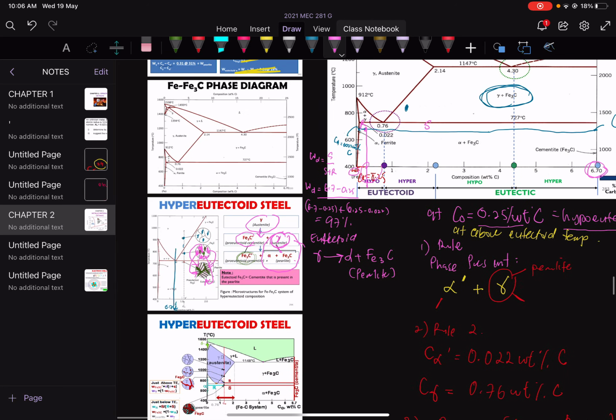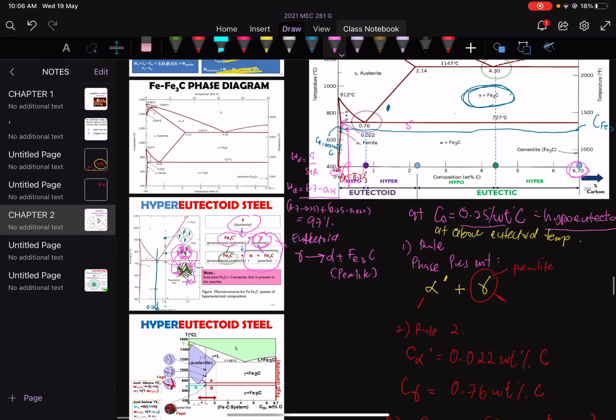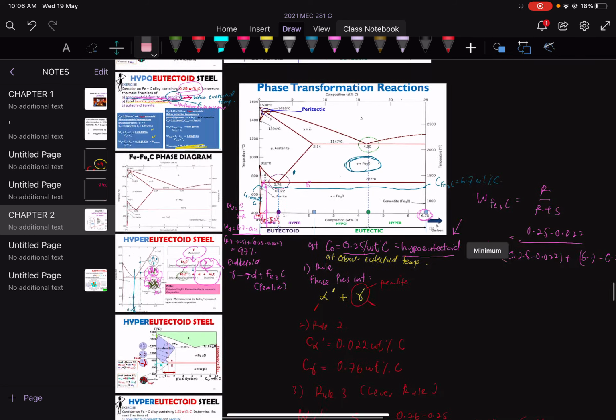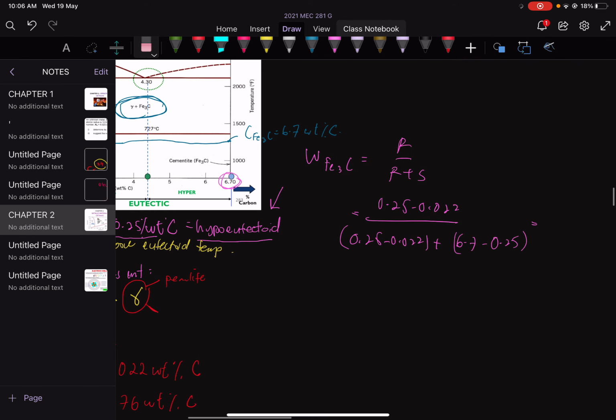Okay, and then it will become 3%. The answer is 3%.